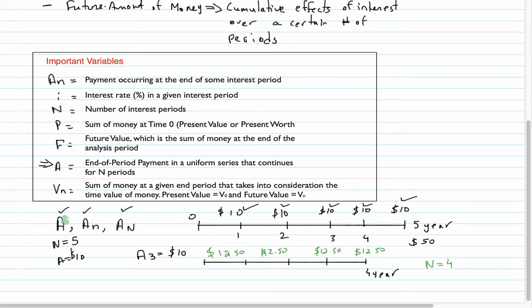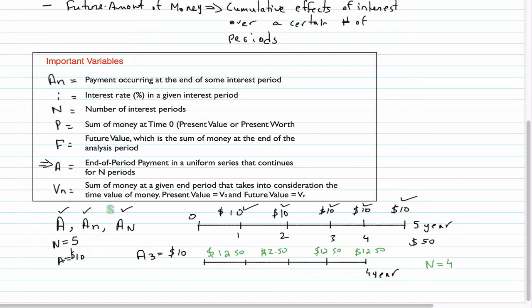So there is a big difference between AN, and A capital N. I hope you see some of the differences. If not, we'll do examples and you'll understand it then.